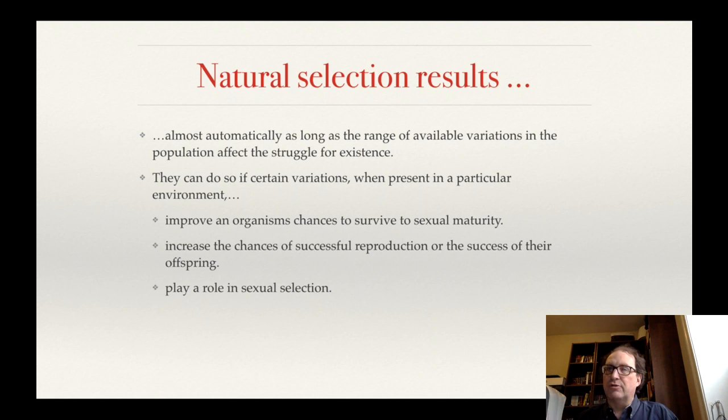They have to improve an organism's chances to survive to sexual maturity. That is, improve the odds that a given organism will reproduce, increase the chances of successful reproduction or the success of their offspring, or play a role in sexual selection. Darwin makes this a separate constraint. It's really a version of the second one, but it's so important it's worth separating out.